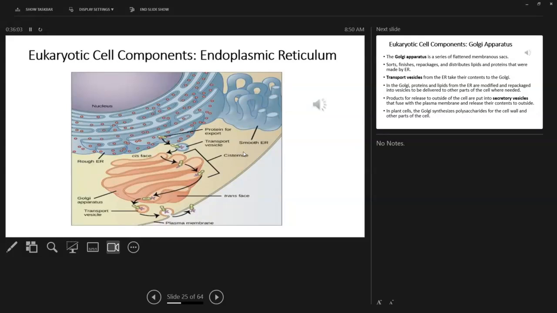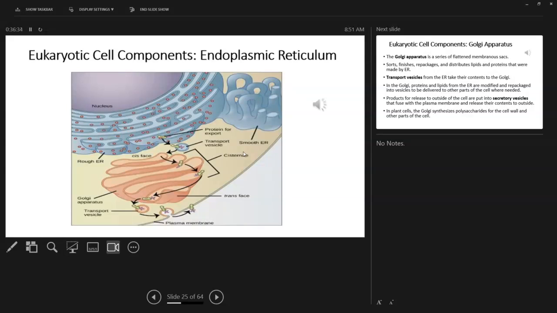But so this vesicle is called a transport vesicle because it's for transporting or moving this new molecule. It goes to the Golgi. Now the Golgi will finish making those molecules. For example, we learned that every protein molecule is made up of chains of amino acids. So maybe the chains of amino acids are made here in the ER, but then they are put together in the Golgi to finish that protein molecule.